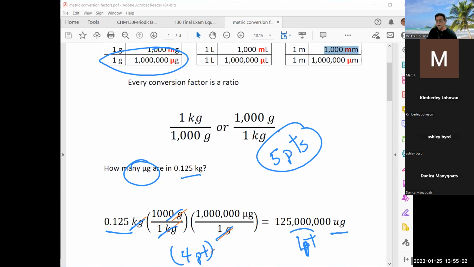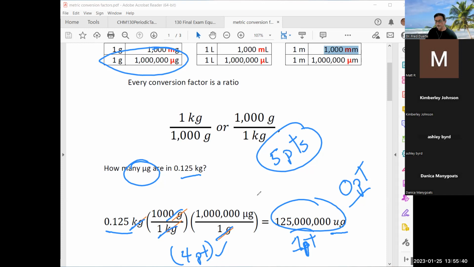But if you did set it up properly, you will get the 4 points for setting up and showing the work. On the other hand, if you only show me the answer and no work, the only thing I can give you is 1 point because you showed me the right answer. I'll give you credit for that, but you didn't show me the work. And then the other case is this: if you show me the wrong answer and no work, I can't give you anything because your answer is wrong and you didn't show the work. So it's basically 0.